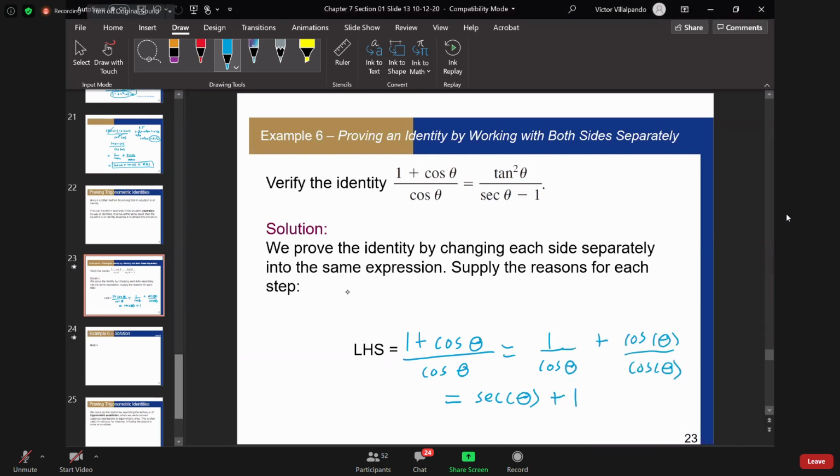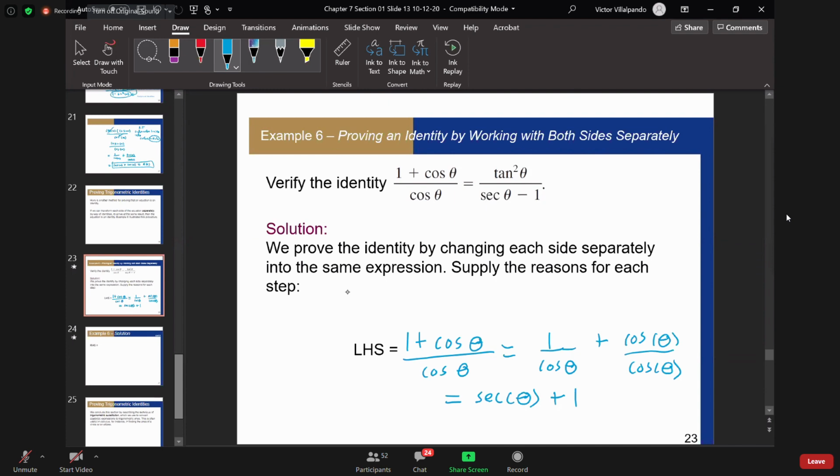Now I'm going to start working with the right-hand side of the equation. If I can arrive at secant plus 1, then I no longer need to continue my proving, because I know they're both equal to secant plus 1.